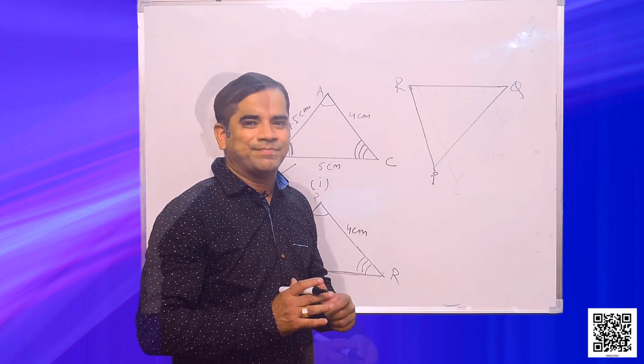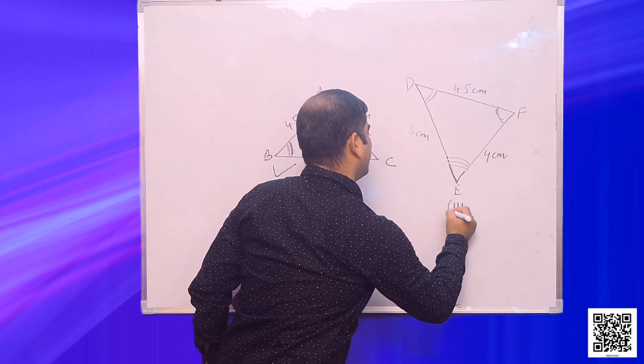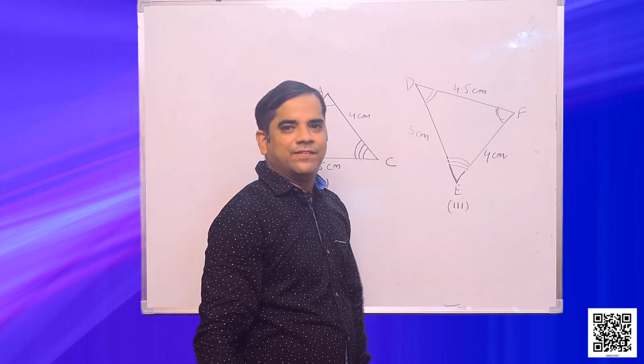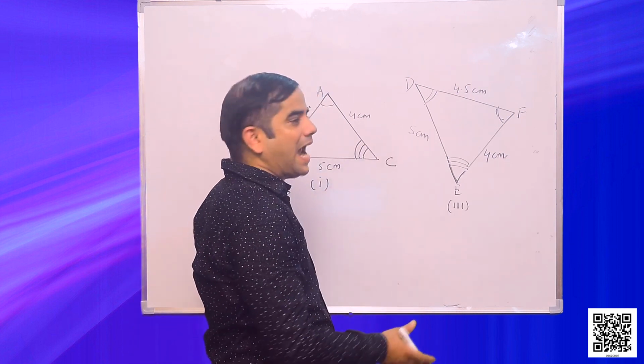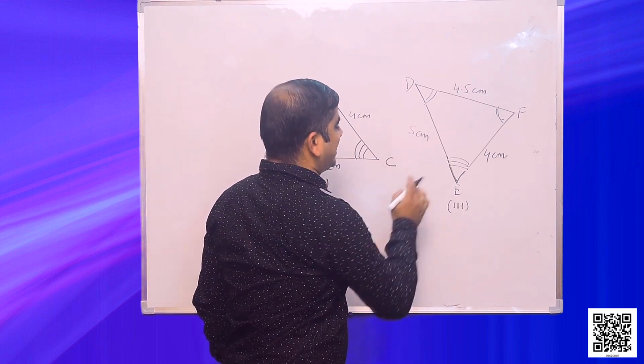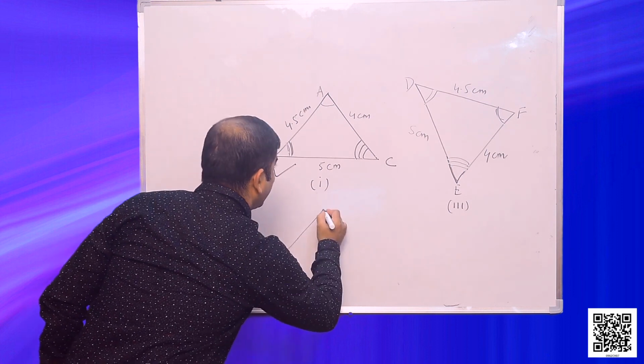Okay? So students, this is figure 3. The triangle DEF. If I rotate it anti-clockwise and keep the base of the triangle as DE, it will look like this.